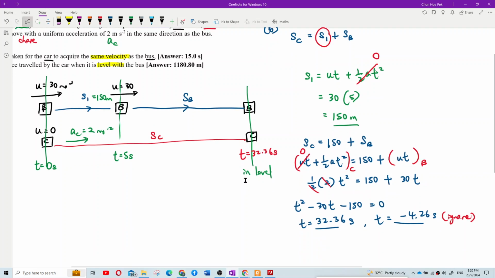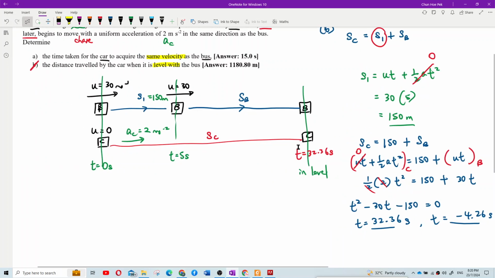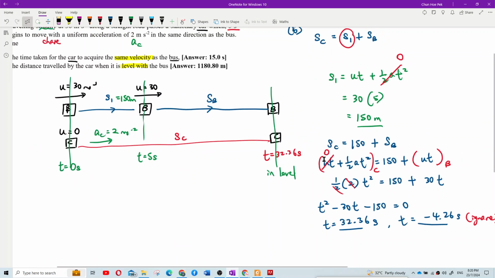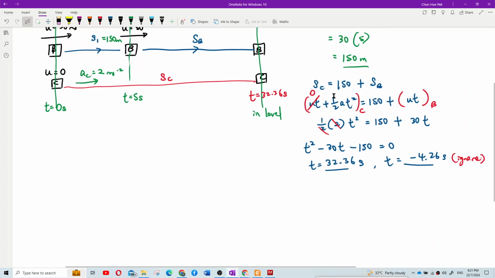So we want to find the distance. So you just take the distance of the car. That means I want to find SC. So just use the time and find SC. Oh, it's 34, not 32. Okay, thank you. So find the SC again using the same time.